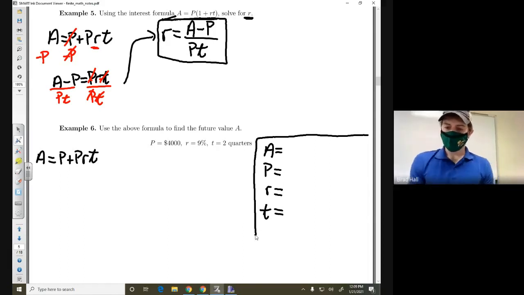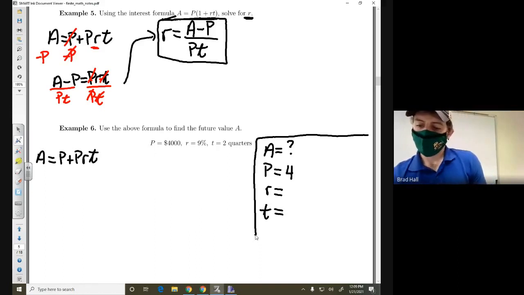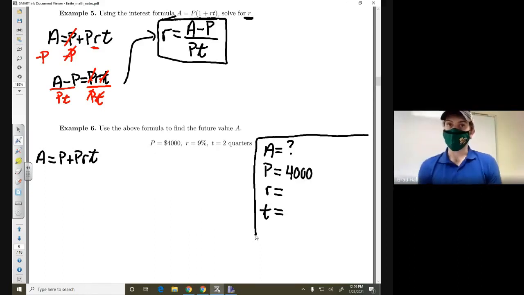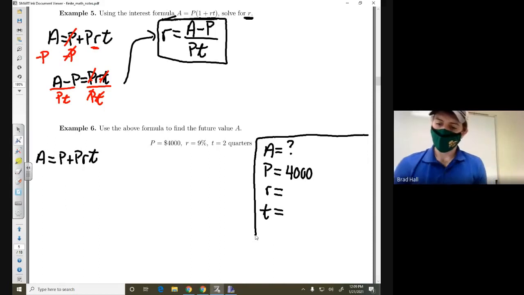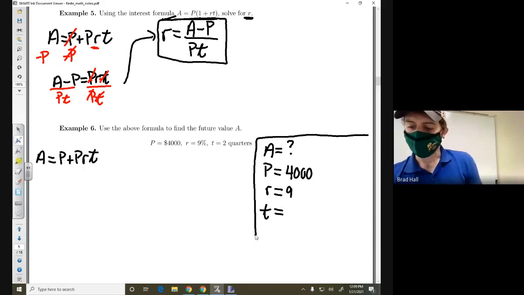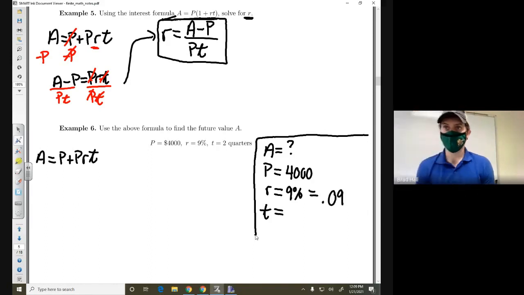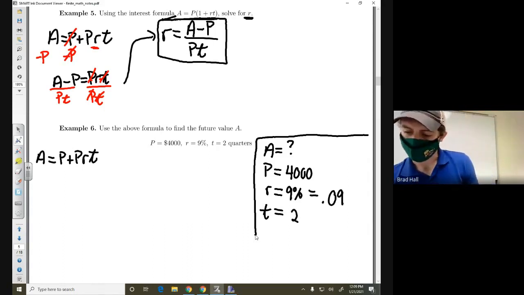And luckily for us, they tell us that A is unknown. Cool. They tell us 4,000 is the principal. They tell us 9% is the rate, which I'm just going to go ahead and quickly convert to 0.09, so moving the decimal place over. And the time is 2 quarters.